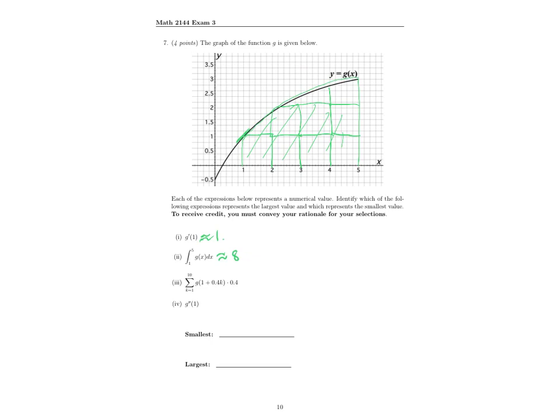This is a Riemann sum, and it is the Riemann sum starting at 1, and I've broken this up into 10 rectangles, and so let me erase this here.